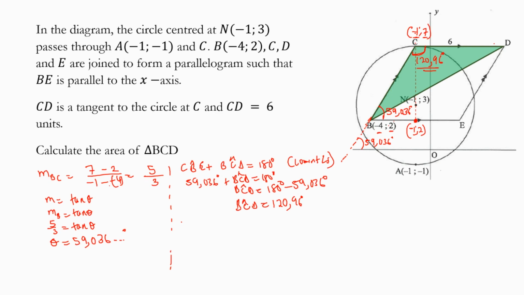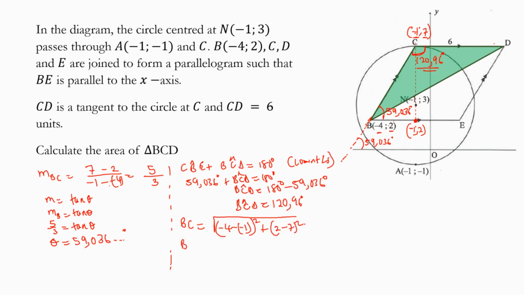The length BC is equal to the square root of (-4 minus -1) squared plus (2 minus 7) squared.